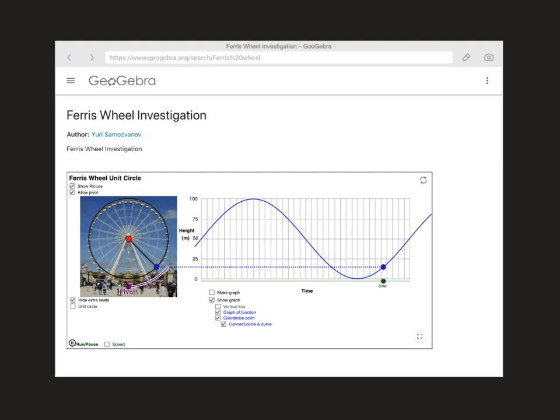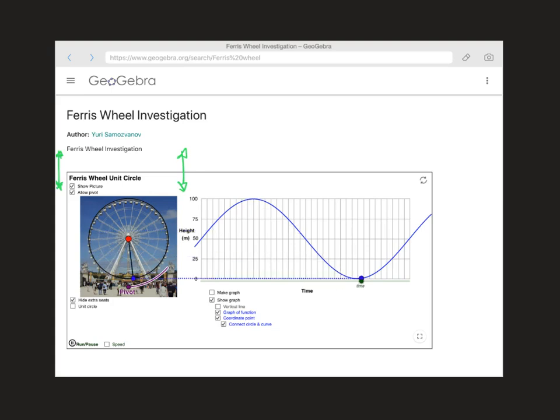So there's a couple of things that are important to relate between the actual circle itself and the shape of the curve. We talk about the amplitude of the curve. This is the amplitude of the curve here, and the equivalent is this distance here on the Ferris wheel.